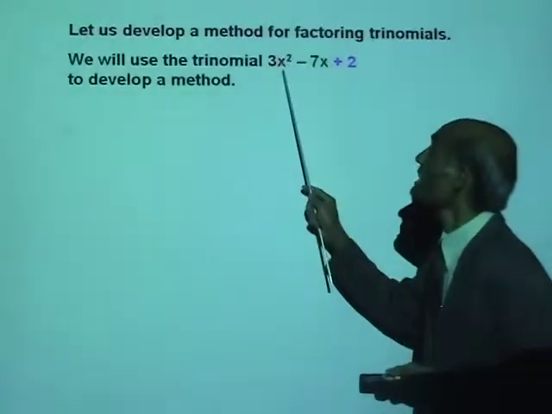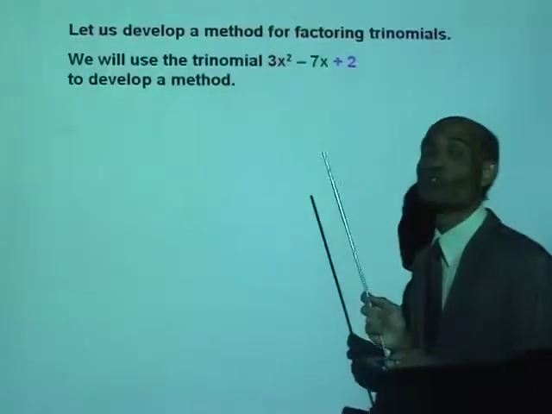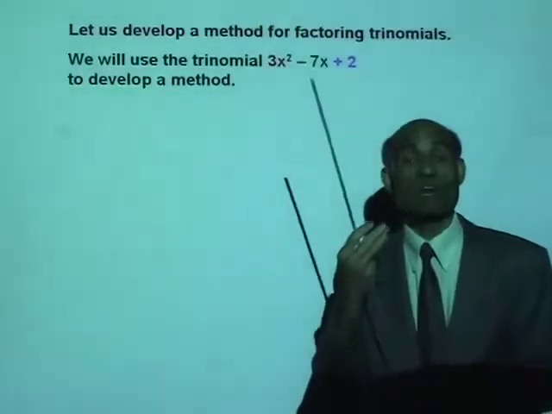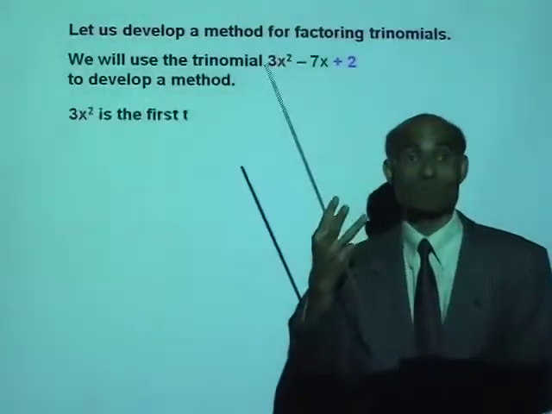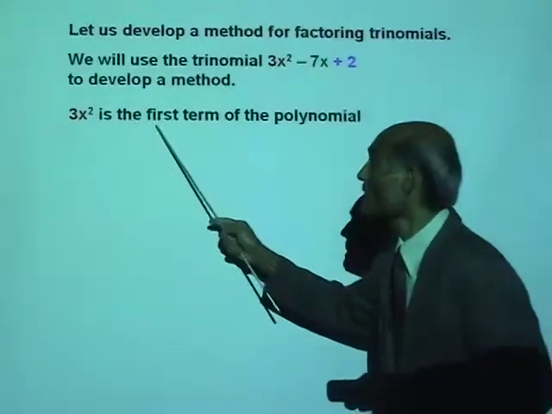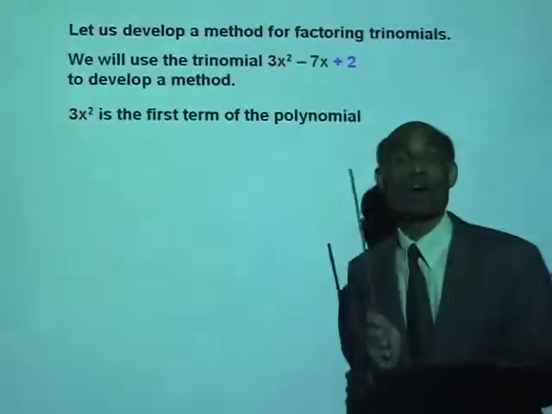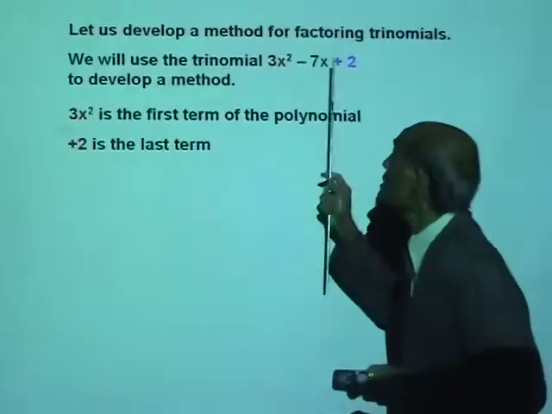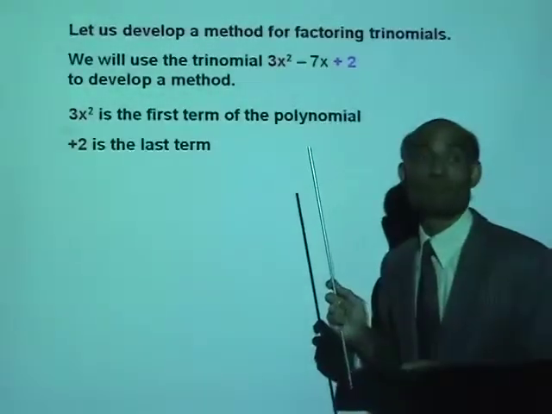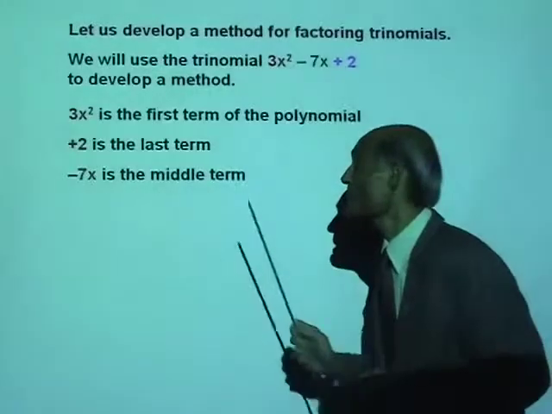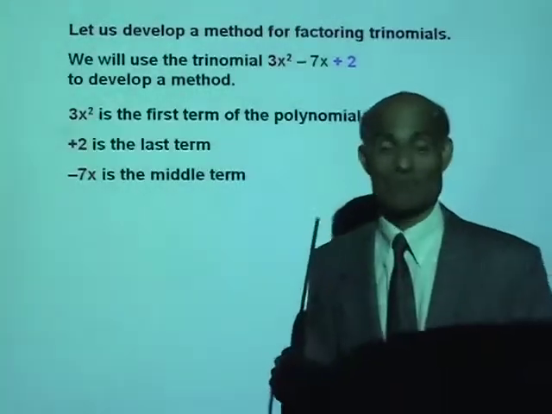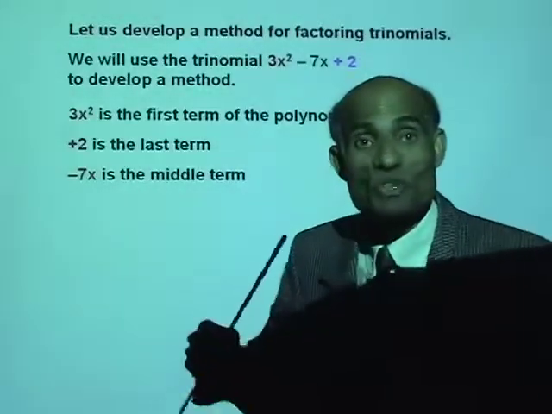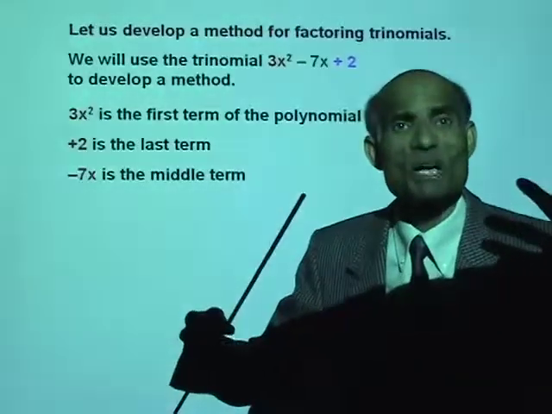And you can see I have used three colors for that trinomial. A trinomial has three terms. 3x squared is the first term of the polynomial. Plus 2 is the last term, and negative 7x is the middle term. I want you to get familiarized with these terms.